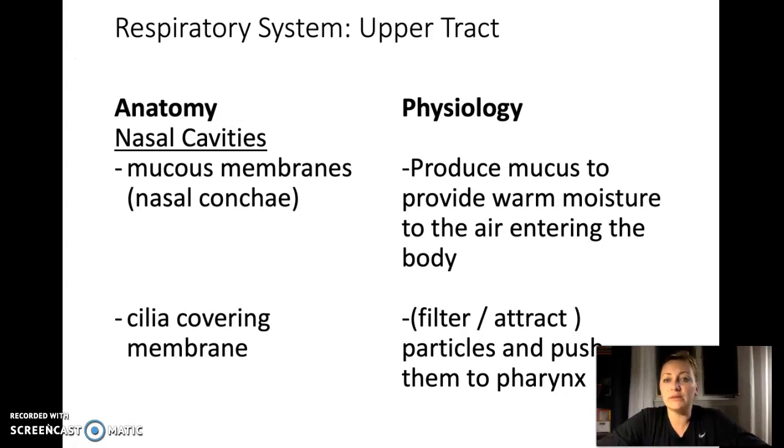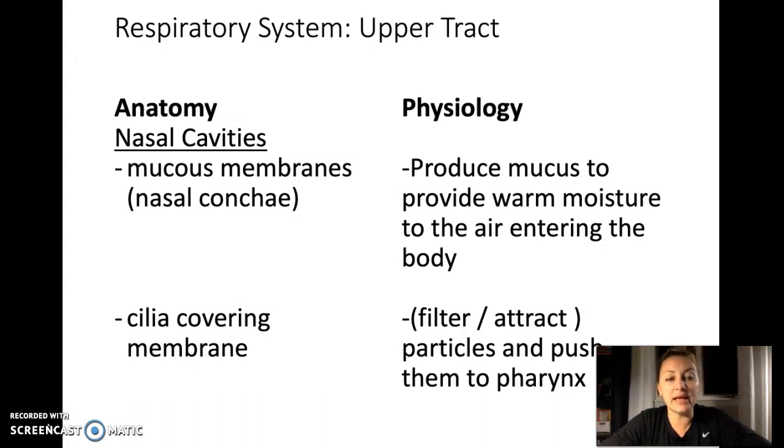This helps with moistening the air as it comes into your body. So if you've ever noticed, if it's really cold outside, you breathe in through your nose rather than through your mouth, because if you breathe in through your nose, it's more likely for the air to get warmer and be more moist, versus if you just breathe in through your mouth, cold air is just hitting straight at the back of your throat and it kind of burns after a while.